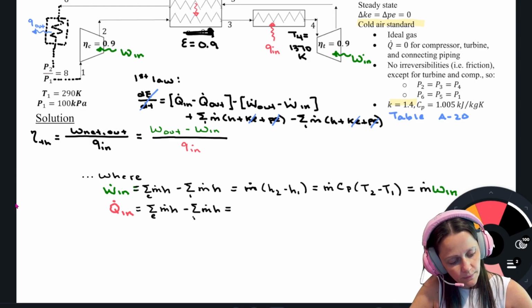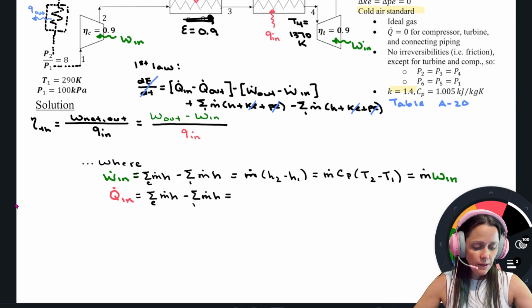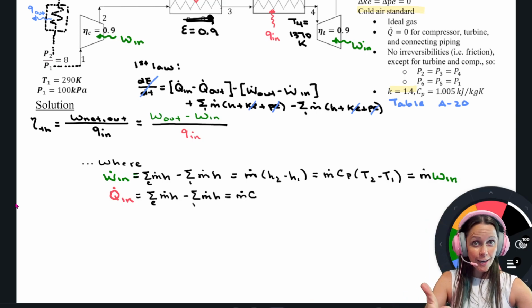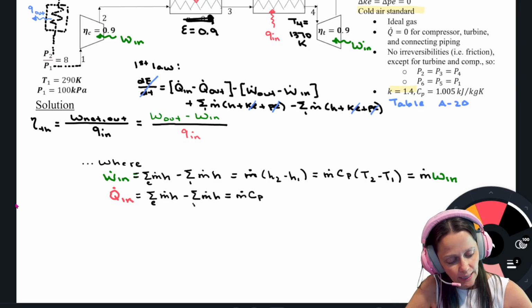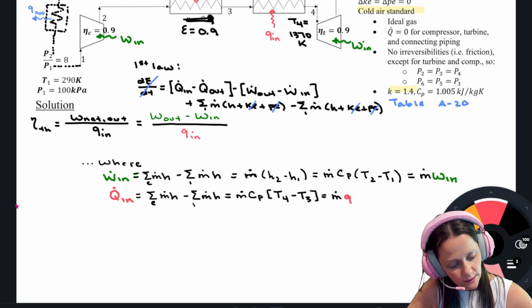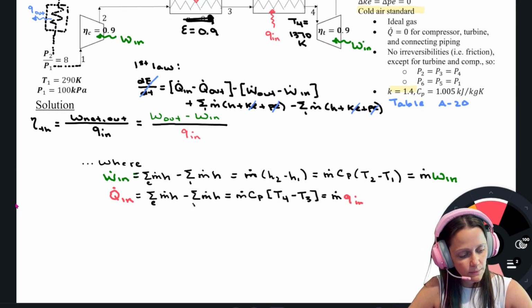Okay. And I could go through the same kind of thing. It's a delta H, which, because it's an ideal gas with constant specific heats, I can say that this is M dot times CP times T4 minus T3. And this is just another way of writing M dot times little q in.